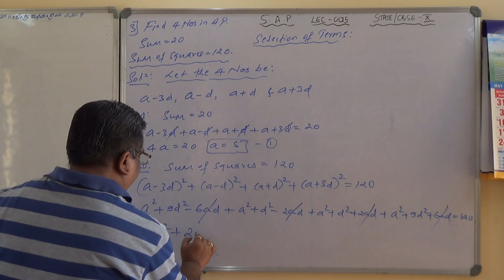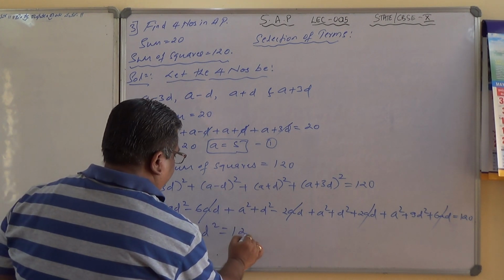I made a mistake that time. 20d square equals 120.